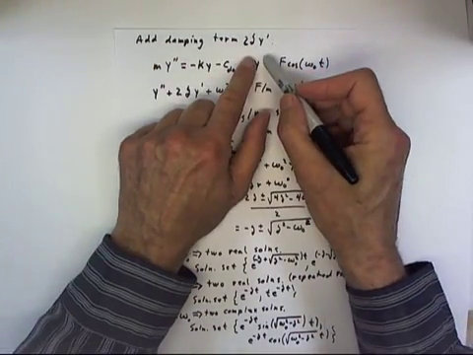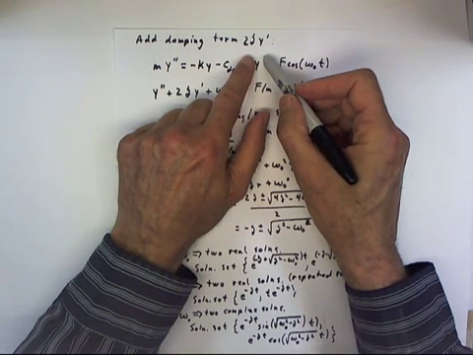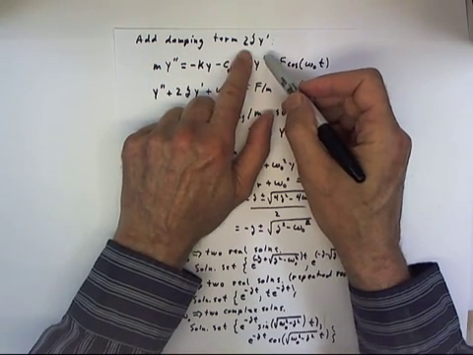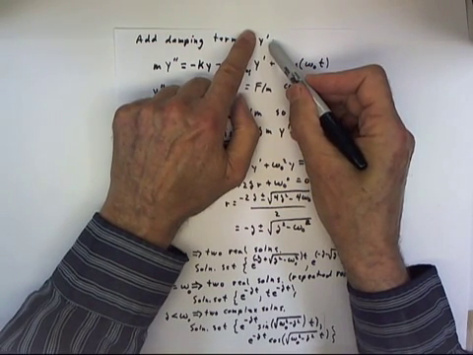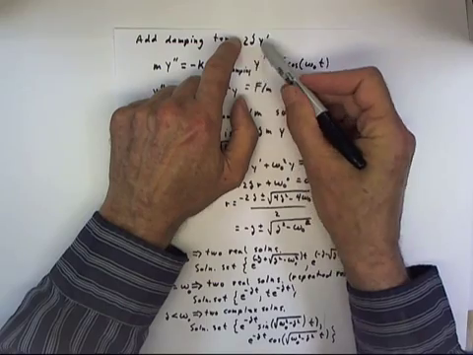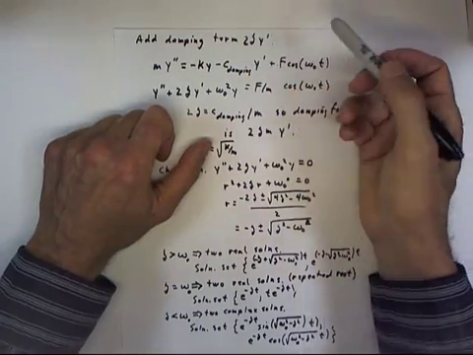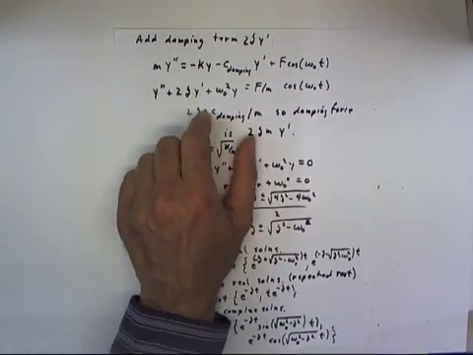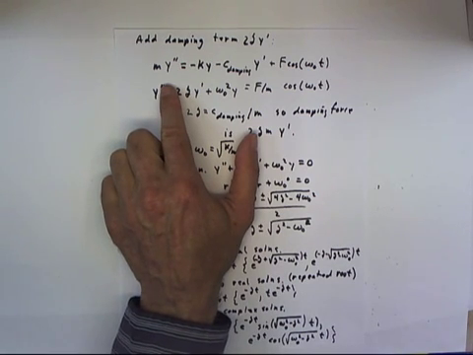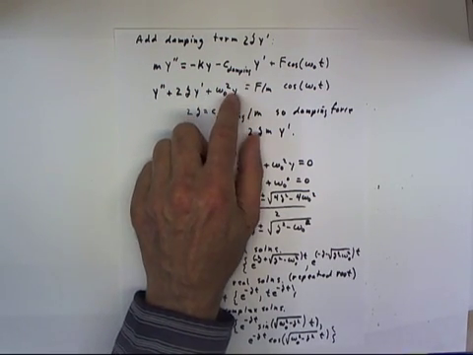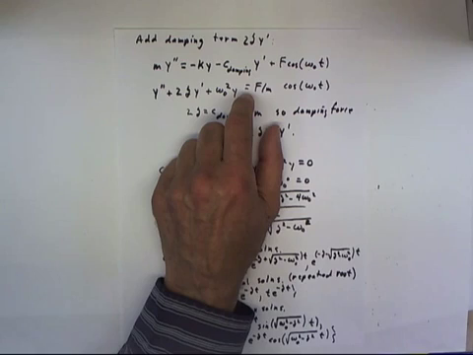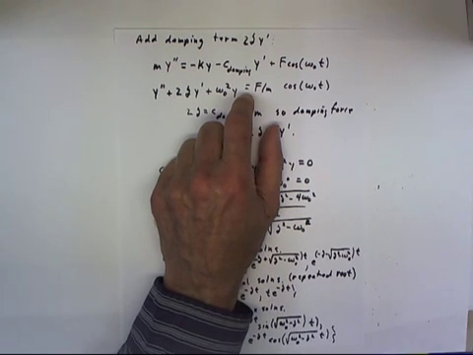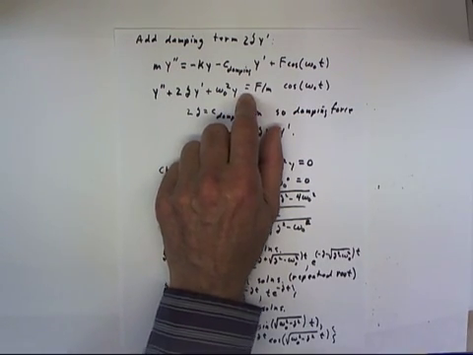So the damping term that we're going to add, I'm going to call it 2 delta y prime. Remember that y prime is the velocity, and this is then just a multiple of the velocity. Now, in general, we can write the net force on a system which is damped by some force that's opposed to the motion of the object, so that the force acts in the direction opposite the motion.